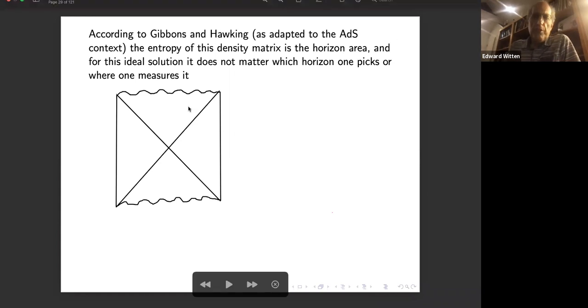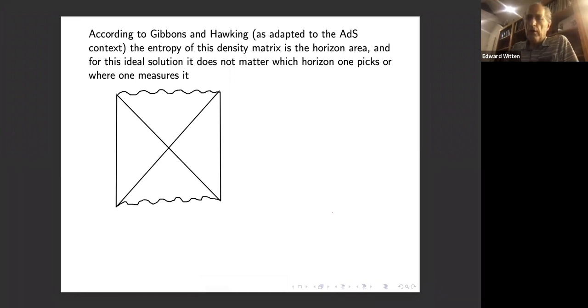For example, in this picture, the Reeh-Schlieder theorem would tell us that states here are completely entangled with states here. But of course, in this particular case, something much more precise is true. They're completely entangled in the thermofield double state, whereas the Reeh-Schlieder theorem would only have given us more general information. So I'd say the Reeh-Schlieder theorem is part of the story, certainly, but it only takes you so far because it's so general.